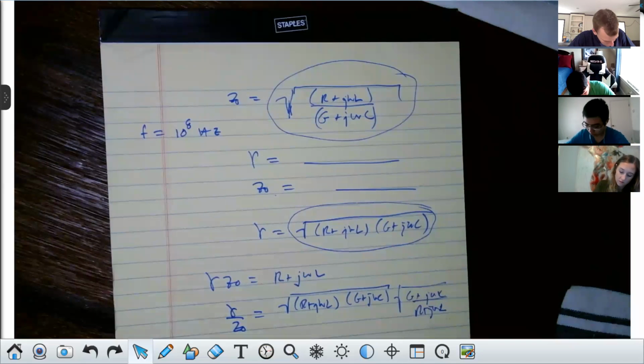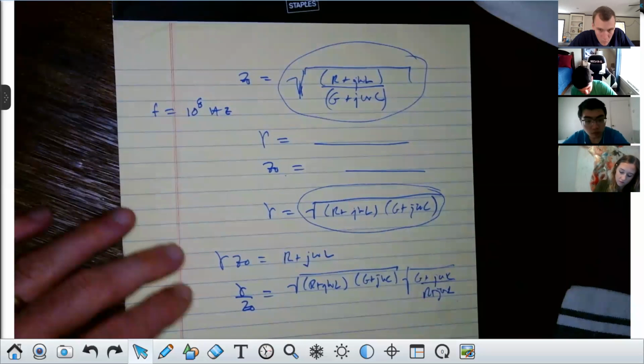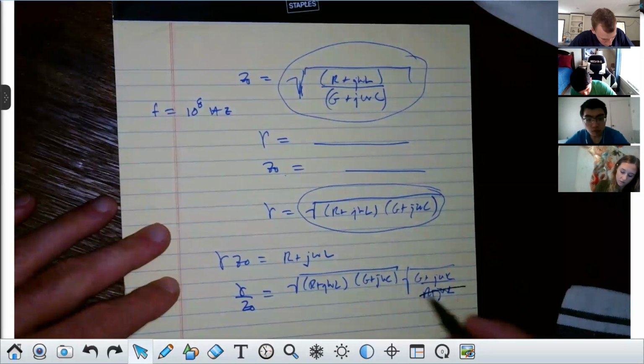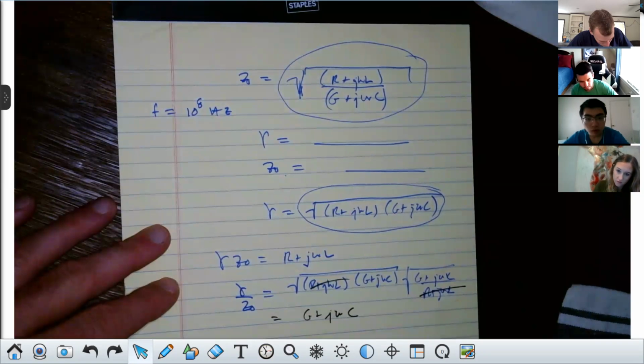Everybody agree with that? I'm spending a lot of time on this for a reason. This is the one that usually fouls people up. And you can see that the R plus J omega L cancels, so that's going to be equal to just G plus J omega C, correct? Now, I haven't put any numbers in.